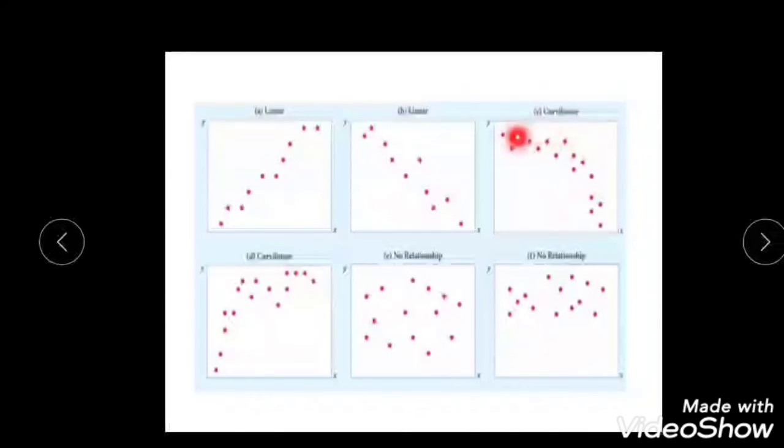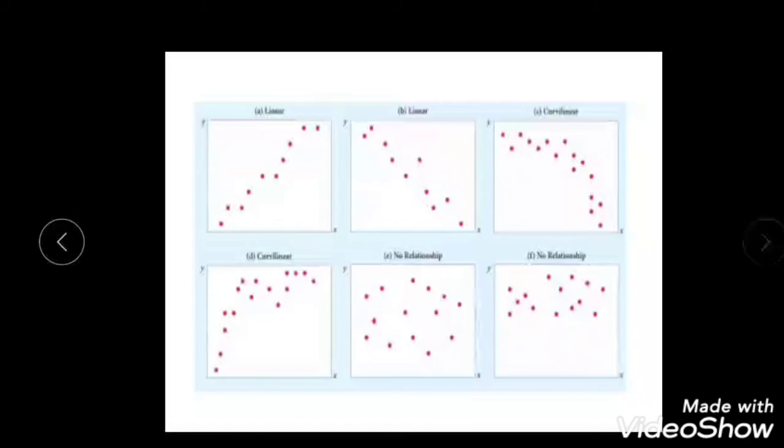We can go with a quadratic regression equation, and chart D might require a higher order, like a polynomial regression equation, to represent the data, whereas E and F can't be modeled using any modeling tool. Okay, so these are 6 visual representations of relationships in regression analysis.